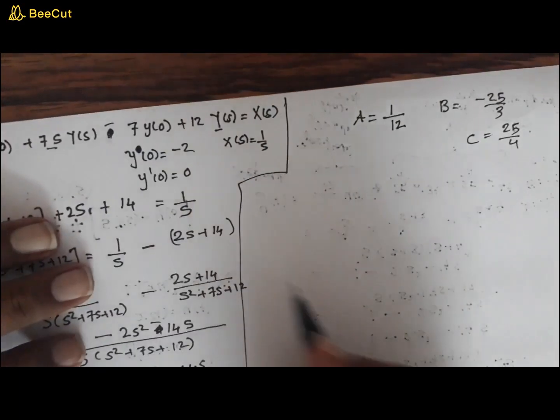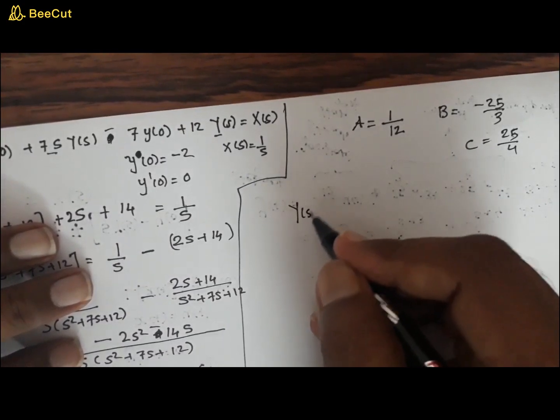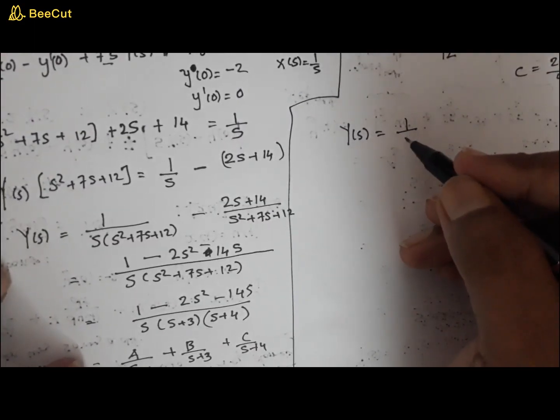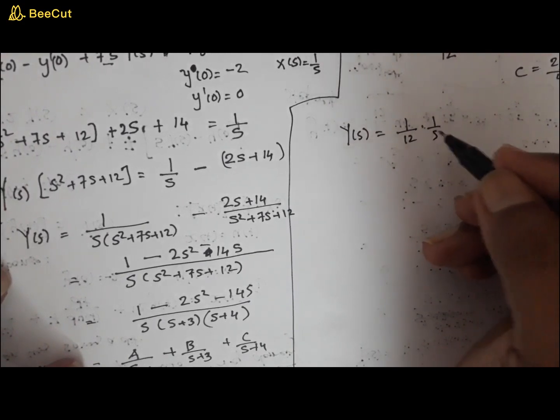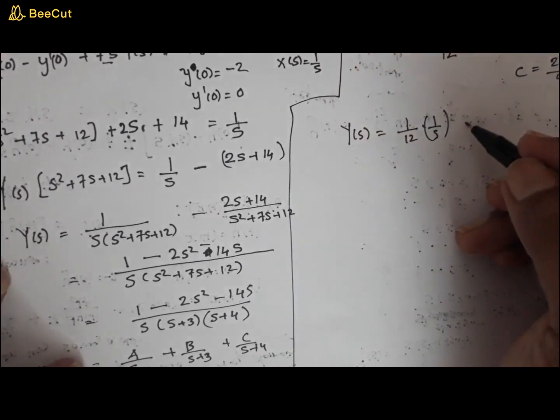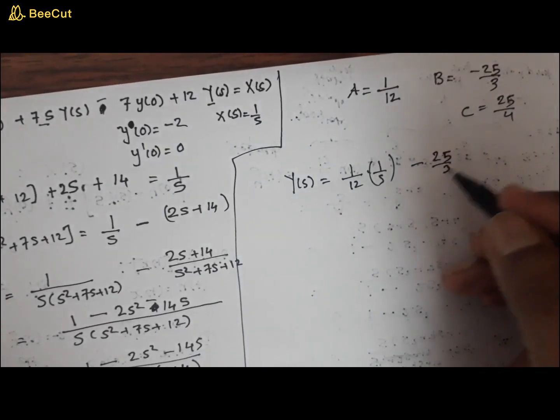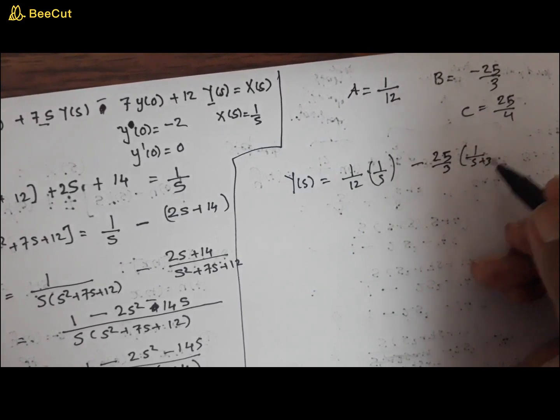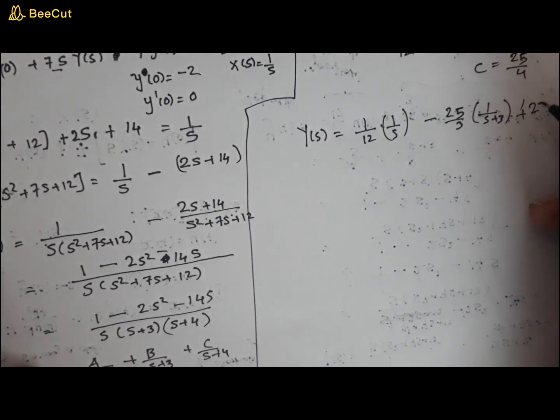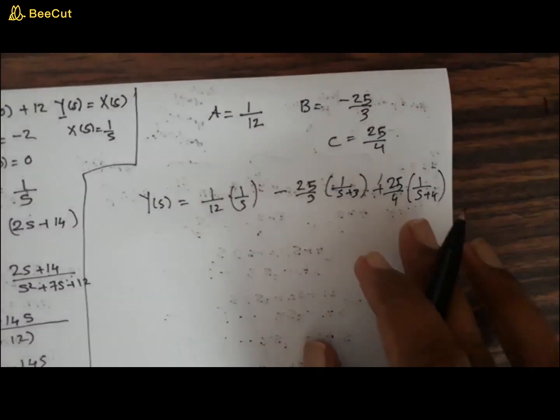Now when you get that, you can substitute: Y of s equals a by s, so this will be 1 by 12 into 1 by s, minus 25 by 3 into 1 by s plus 3, plus 25 by 4 into 1 by s plus 4.